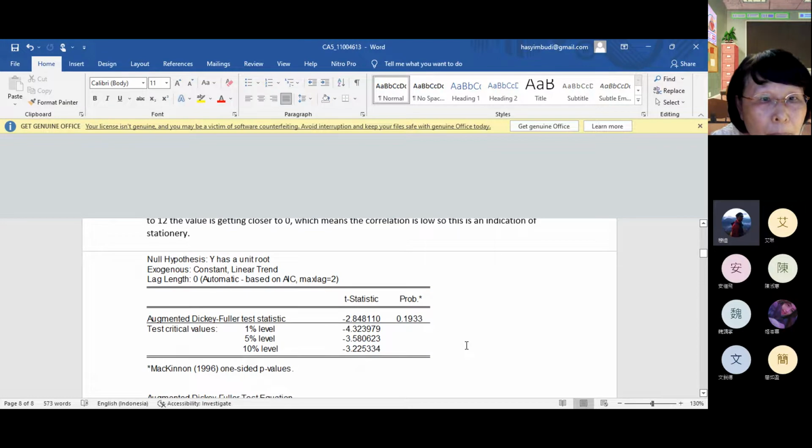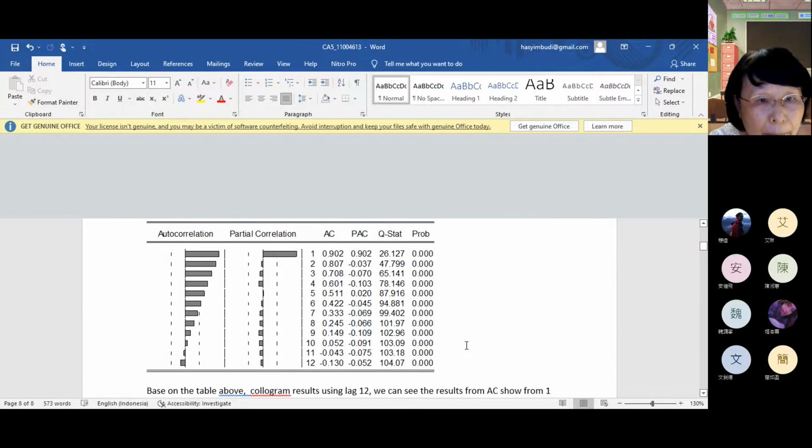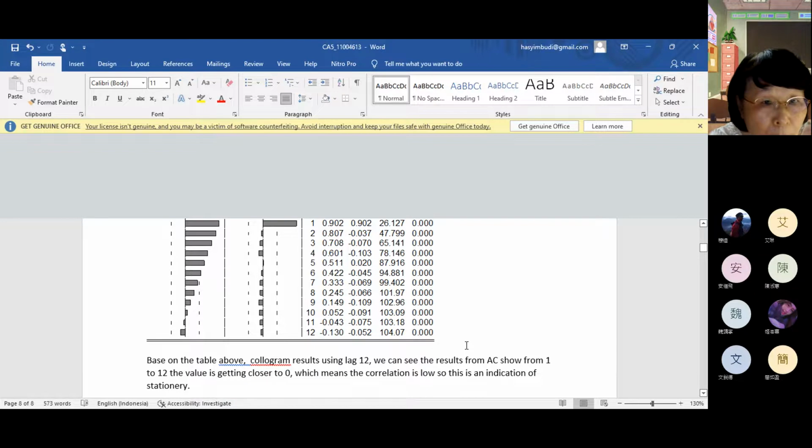And then when I use the... Excuse me, let's see the correlogram. So it's from 0.9, then gradually declines to 0.8, 0.7, 0.6, then up to lag 10 is pretty close to 0. So how do you say this, the relationship?